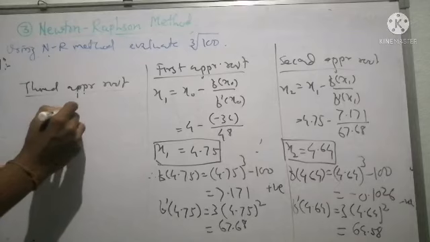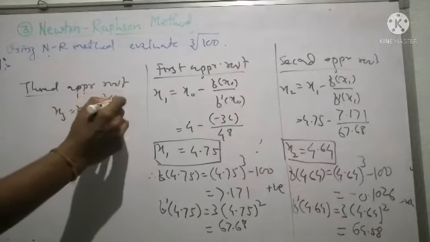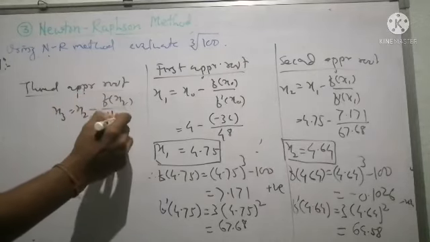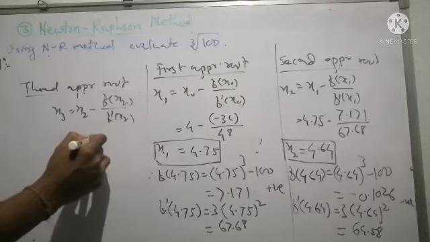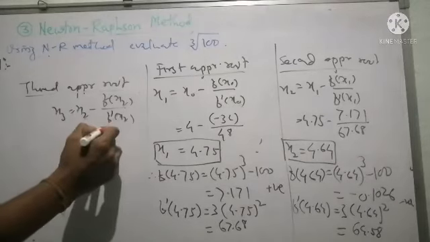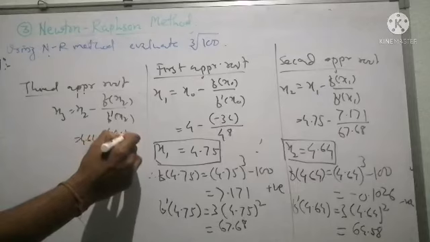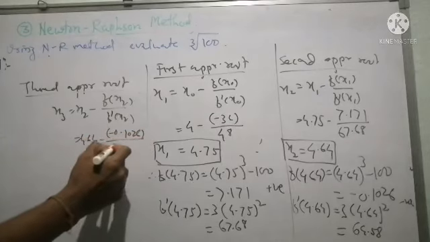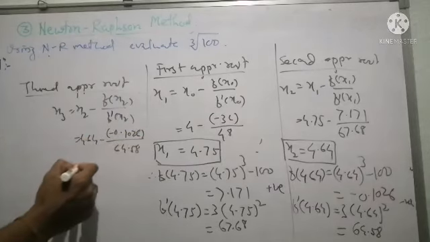The formula of x3 is x2 minus f of x2 divided by f dash x2. By putting the value of x2 as 4.64, minus f of x2 as minus 0.1026, and f dash x2 as 64.58, we get x3.